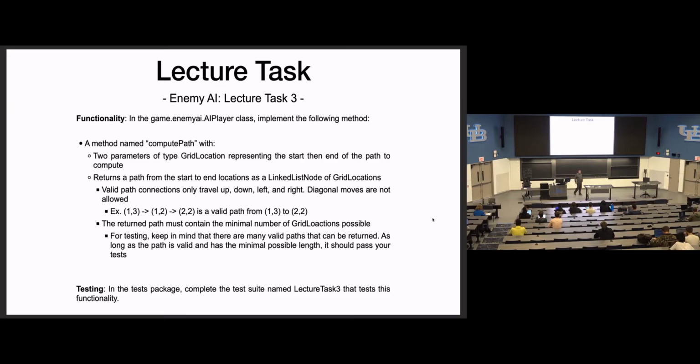For compute path, you're given 2 of these locations on the grid as their XY coordinates, and you need to compute a path from the starting point to the ending point, with only moving in the 4 cardinal directions, up, down, left, right, so no diagonal movements, and return a valid shortest path between those 2 points. So if the points are 1, 3, and 2, 2, this would be a valid path. Move down 1 in the Y direction, and then up 1 in the X direction, and you'll have that shortest path from start to finish.